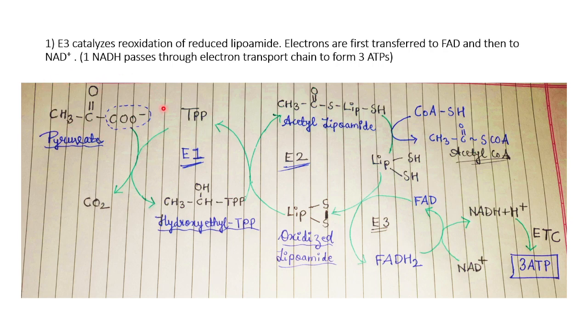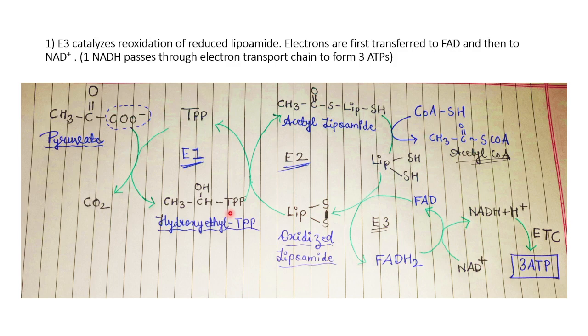So this is a pyruvate molecule which will undergo decarboxylation, which will be catalyzed by enzyme 1. So CO2 group will be removed from pyruvate. Enzyme 1 has TPP as a cofactor. The group which is left after the removal of CO2 from pyruvate will combine with TPP and form hydroxyethyl TPP.